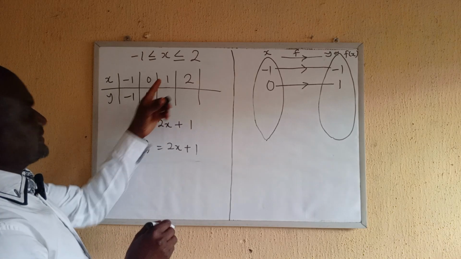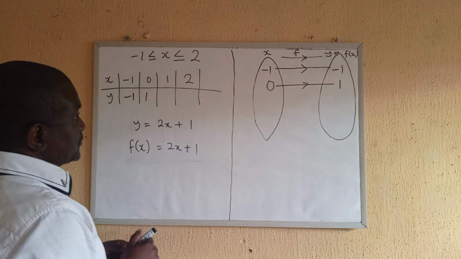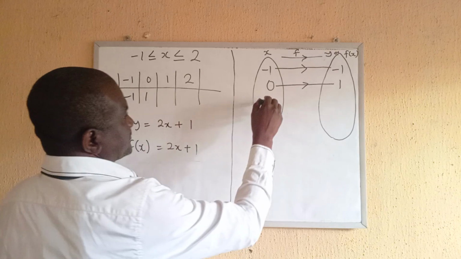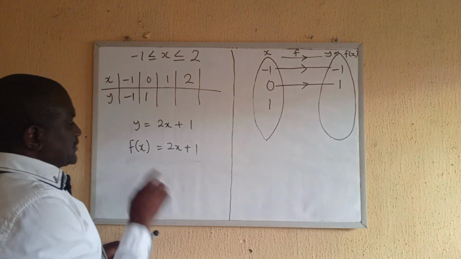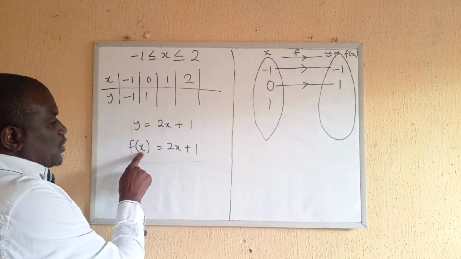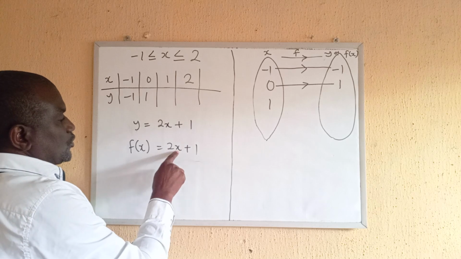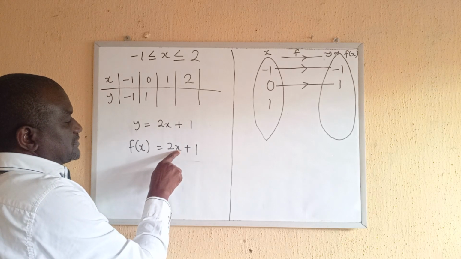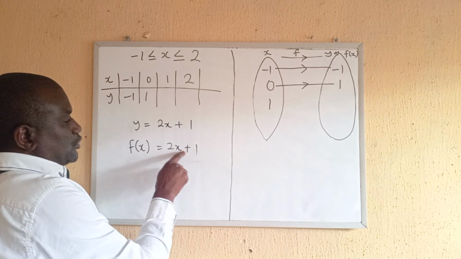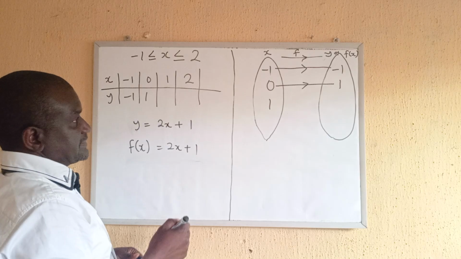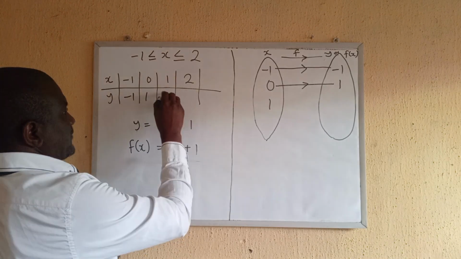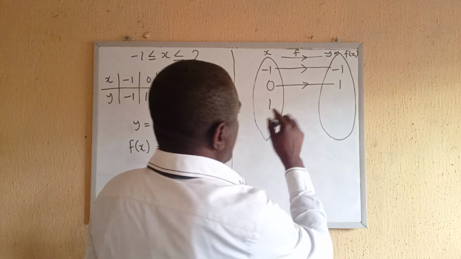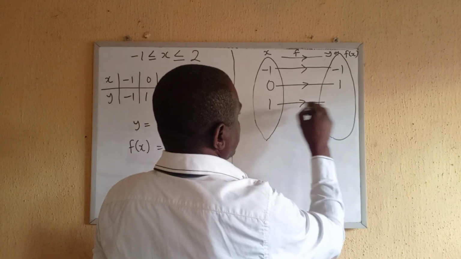So if our x, or which is the domain now, is 1, what will be the codomain? So 2 times 1 is 2 plus 1 is 3. So here we're going to have 3. That means our 1 is mapping 3.